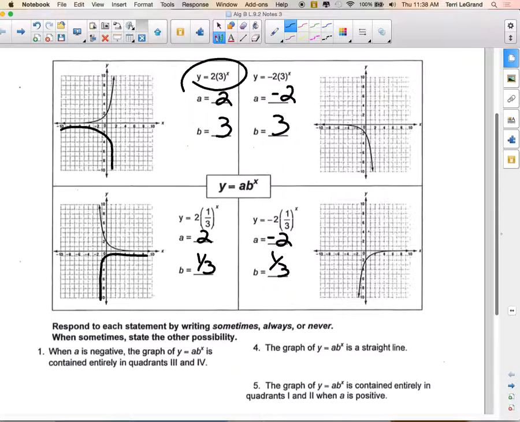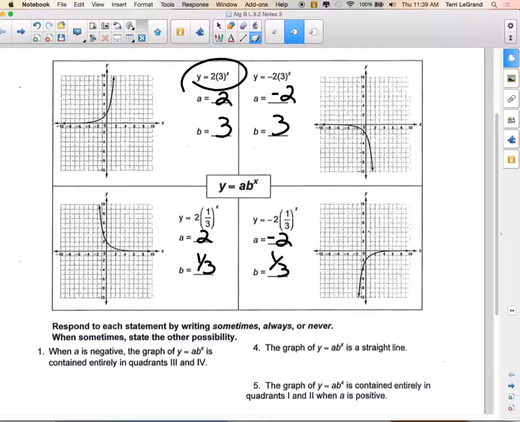Now I want you to make a comparison between what happens when the base is greater than 1, and when the base is between 0 and 1. Remember, it can't be 1. It has to be positive. So we have this area between 0 and 1 that gets to count, and this area greater than 1 that gets to count.